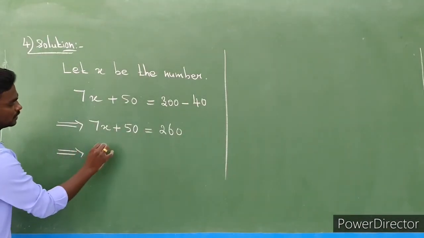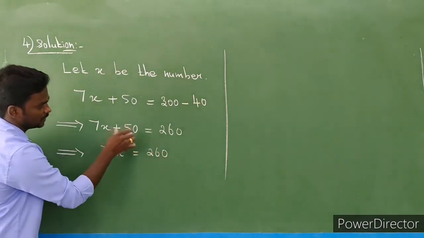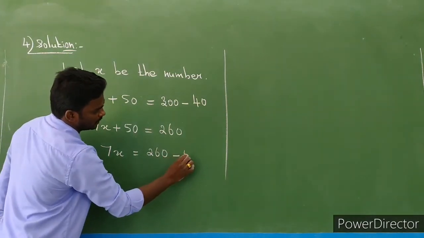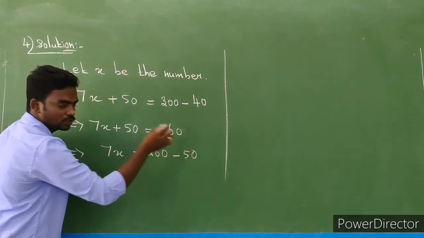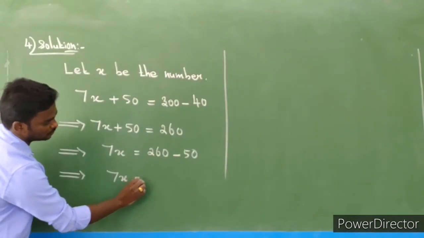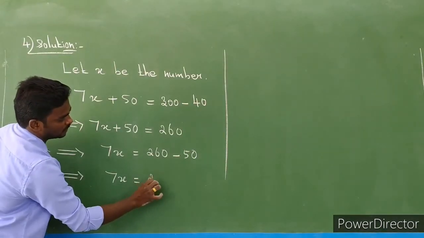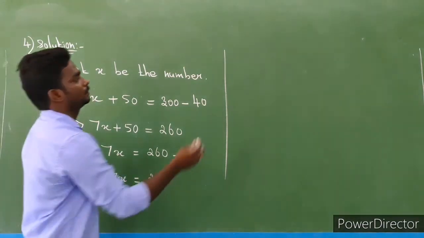Implies that 7x is equal to 260. This plus 50 is transposing to minus 50 on the right side. Implies that 7x is equal to 260 minus 50. What is the value? 210. So 7x is equal to 210.